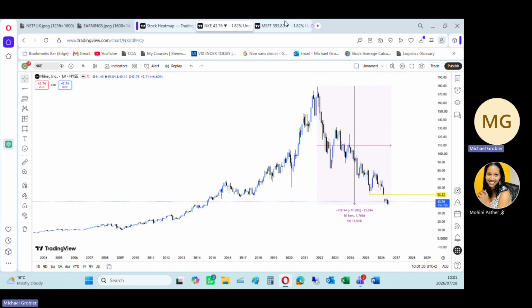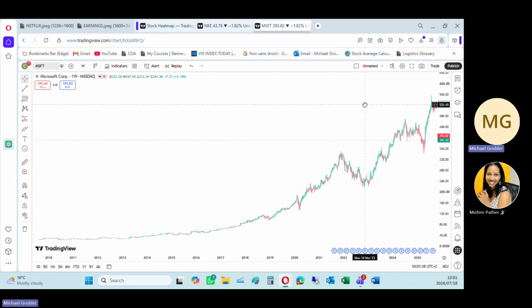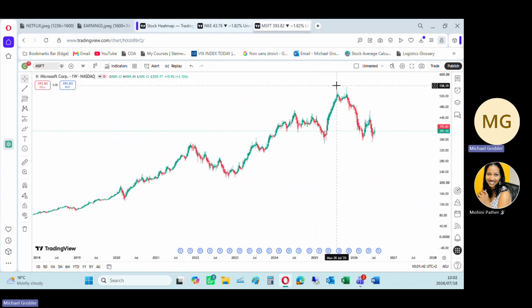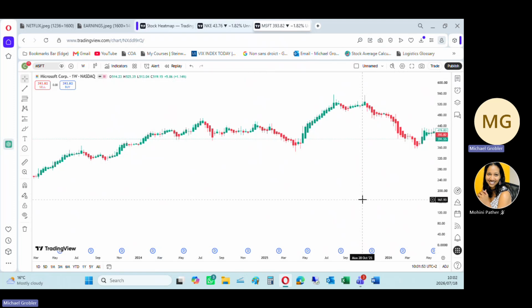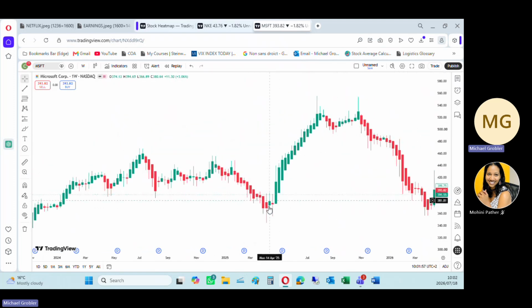Now, the way we looked at this when we were looking at Microsoft and how it disappointed after this stellar move here, then we had the last of the hopefuls double top it, and then they all got wiped out. Basically, this is quite funny because if you look at this, what happened here, I can tell you already. The clever people got in here and they made a lot of money.